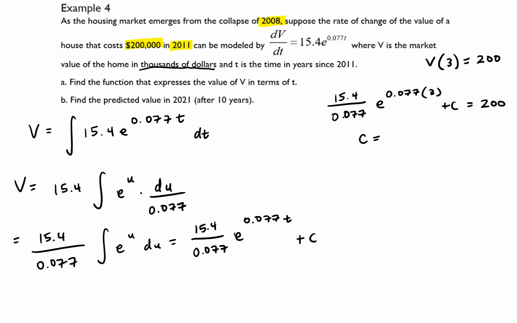I made a slight mistake here, and hopefully you caught it as I was talking about it. The t-value is supposed to represent the time in years since 2011. I initially interpreted t as the number of years since 2008. And so I put 3 here, but this should actually be v of 0, which makes our life a lot easier.